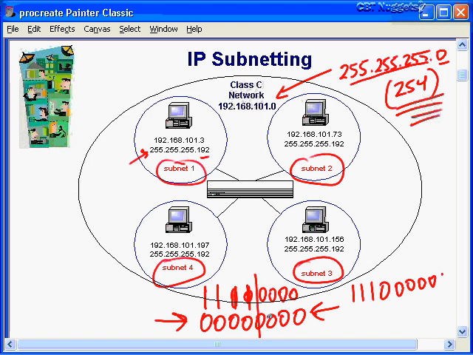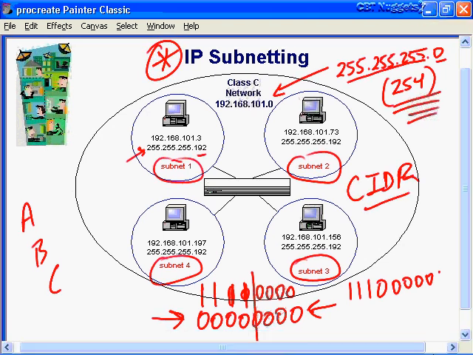Now again, as I said, there are plenty of subnetwork tables and subnet calculators where you simply say, okay, I've got a Class B address, I've got a Class C, I've got a Class A, here's my IP address, how many networks do I want, how many hosts do I want, and it gives you the address ranges to assign. But IP subnetting is basically used for those reasons.